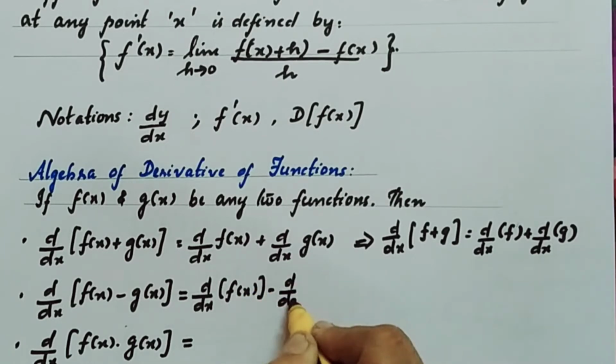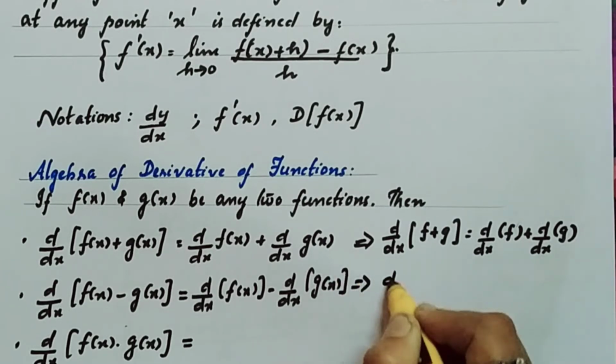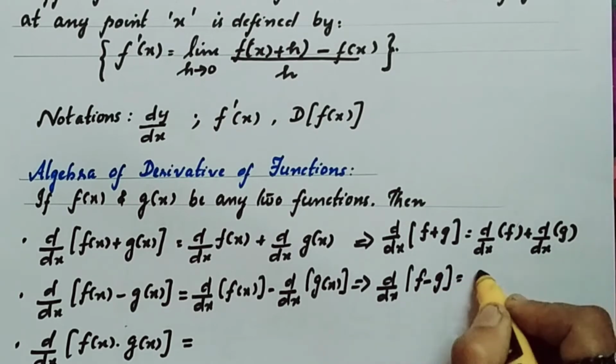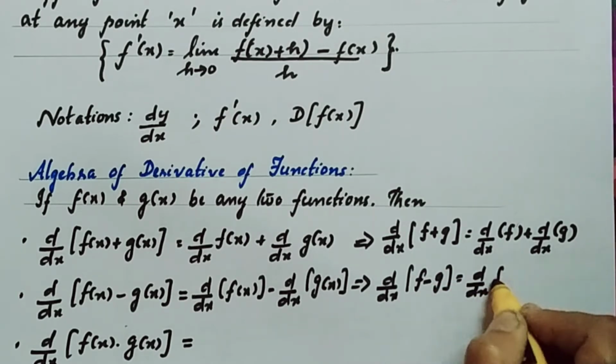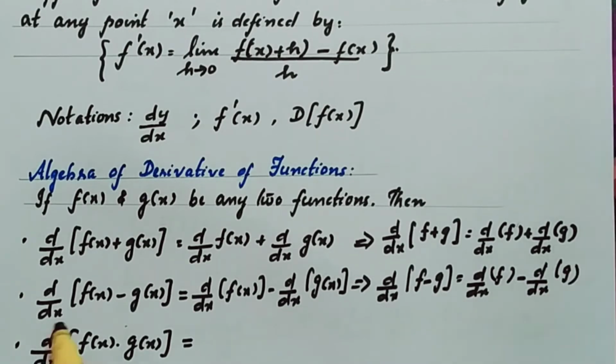derivative of g(x). Or in short, we can write as d by dx of f minus g equals d by dx of f minus d by dx of g. That is, the derivative of difference of two functions equals difference of their derivatives.